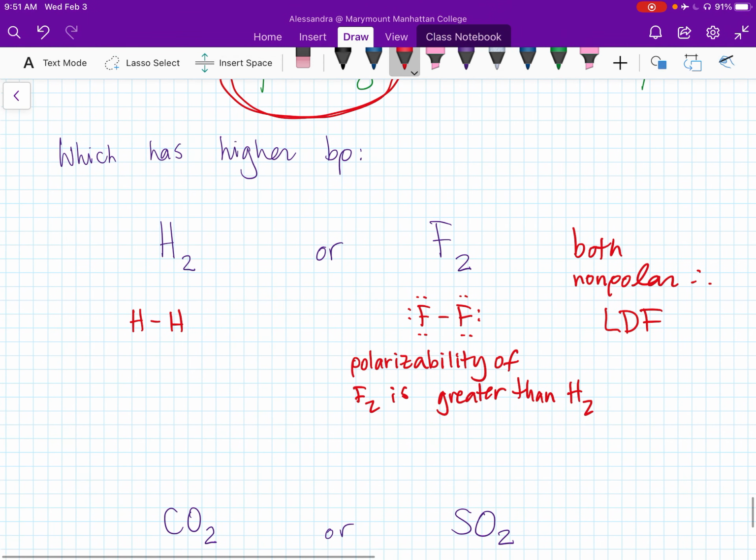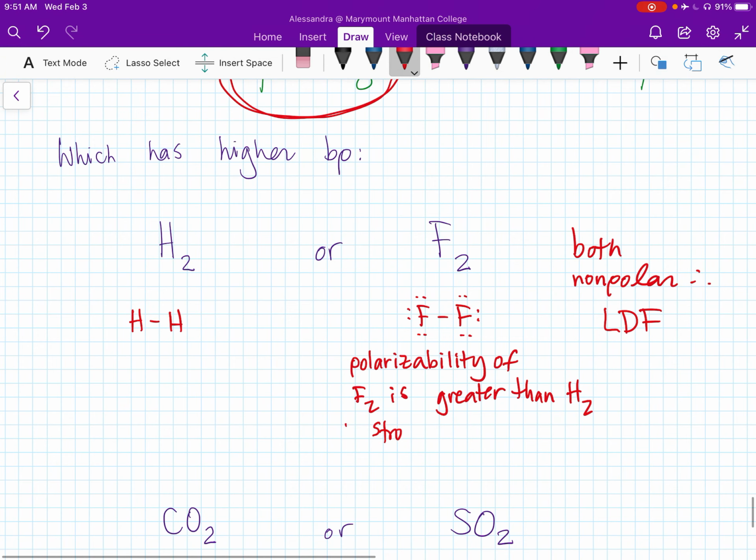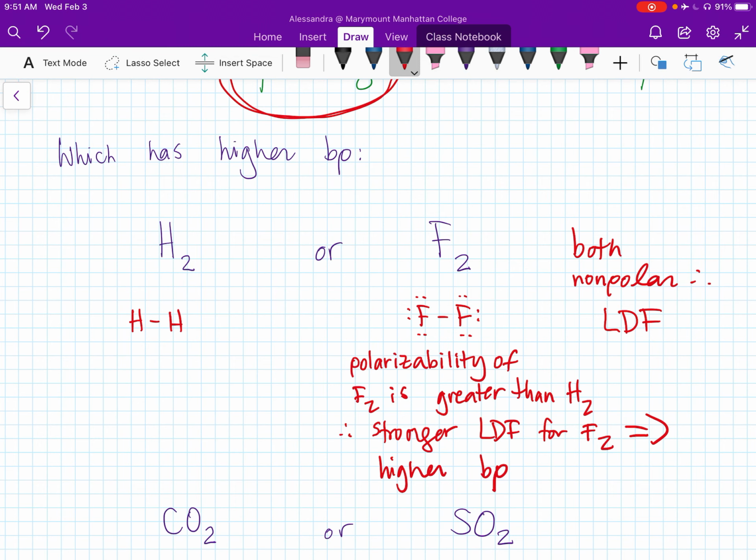So F2 is going to have stronger London dispersion forces than H2. So which one is going to have the higher boiling point? Higher boiling point comes from stronger intermolecular forces. So we would expect the higher boiling point to belong to F2. Okay, so I hope that makes sense.